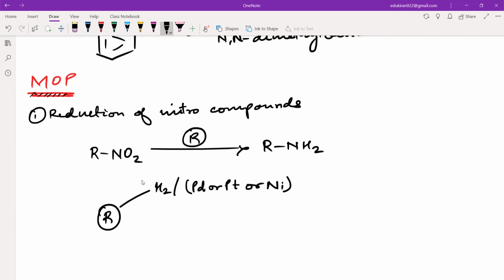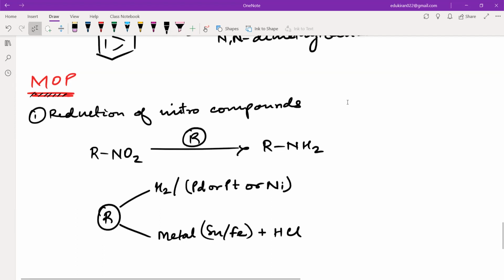And next what you can use is metal plus HCl. The metal can be Sn or Fe. Okay, so these are the reagents that you can use here.